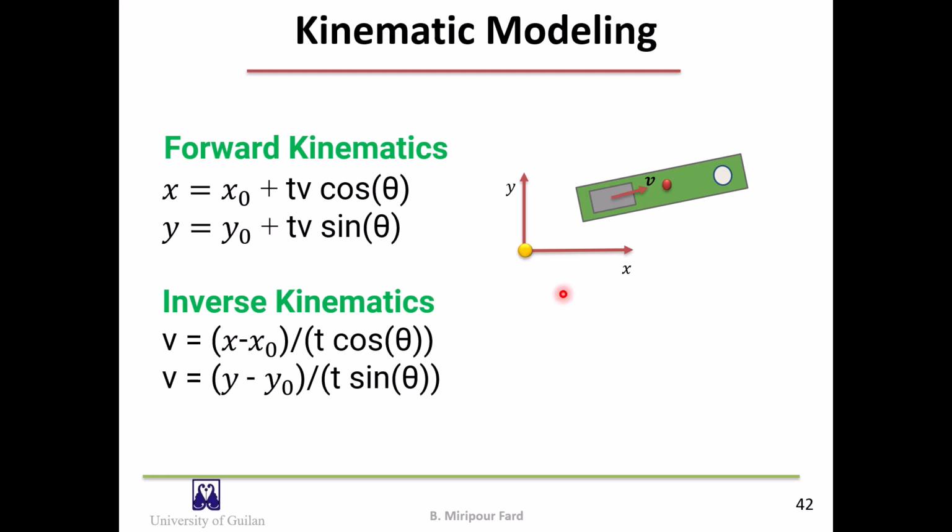Therefore, they are dependent on each other, and if they are inserted in these equations based on this dependence, only one v is obtained. In other words, inverse kinematics does not work for any arbitrary x and y in the plane, and this mobile robot can just move on lines.